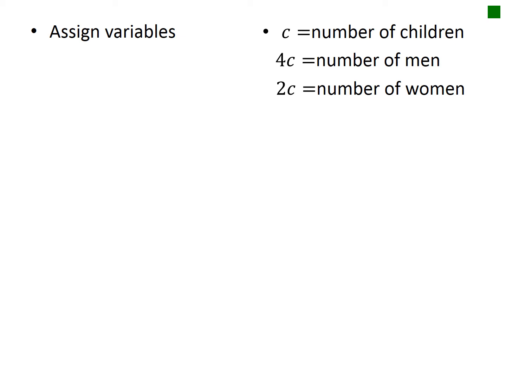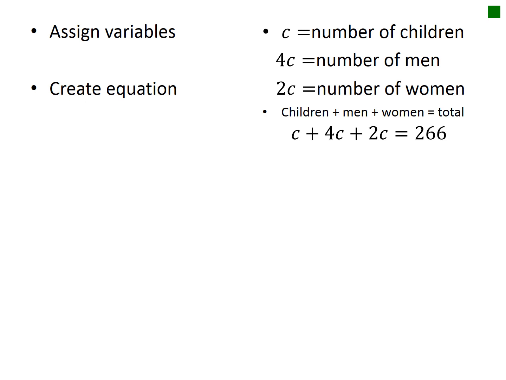We're told that there are 4 times as many men as children and 2 times as many women as children. Because children is where we are comparing everything else, it makes sense to let our variable C be equal to the number of children.